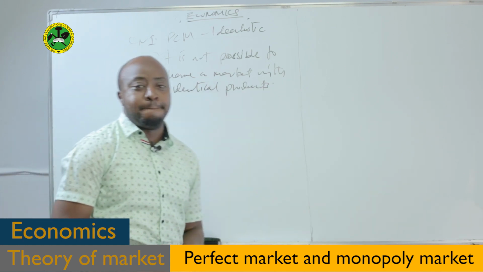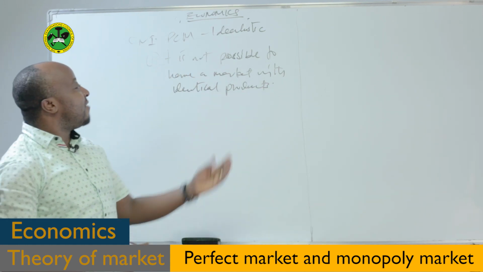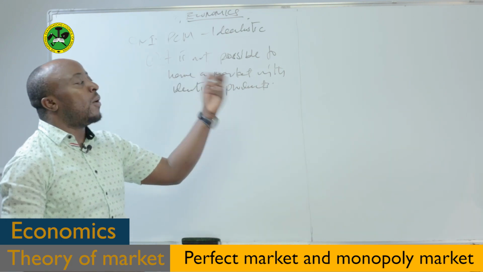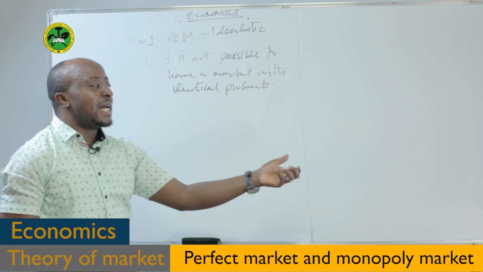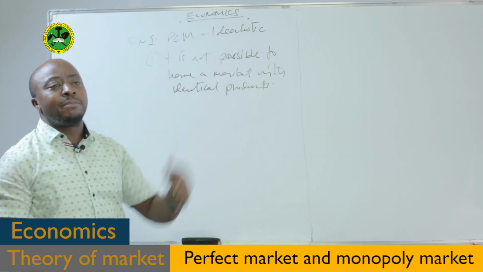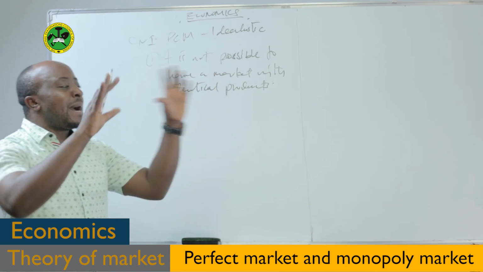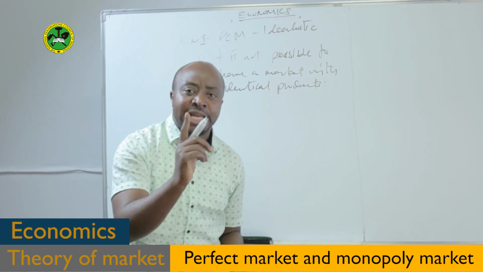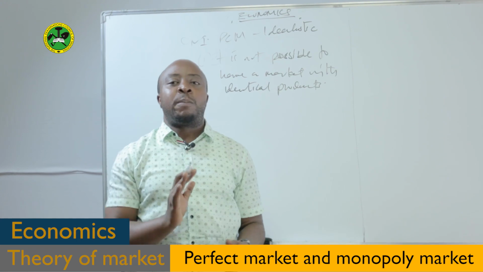It is not easy. Remember, the perfect market assumed that firms are selling homogeneous or identical products. It is not easy to find such a market in the real world, where there are maybe 20 firms or 100 firms and they are all selling homogeneous products. That is not possible.